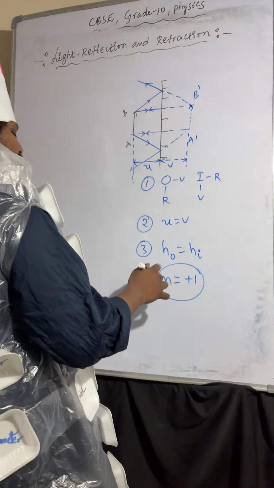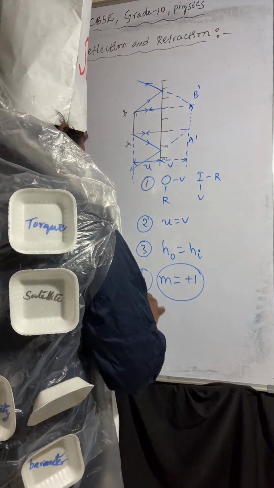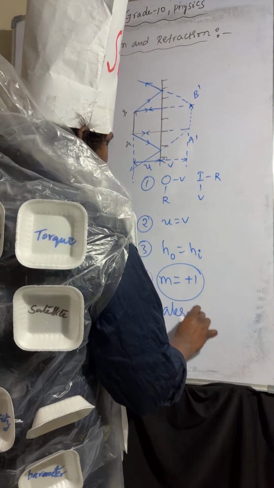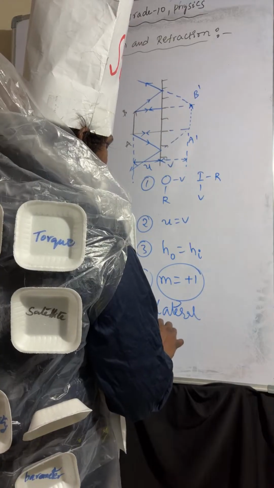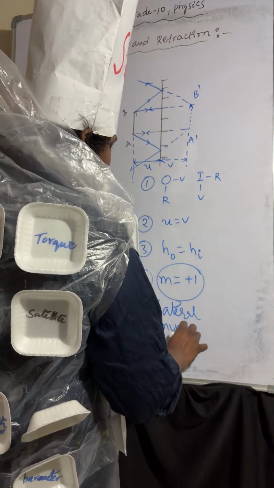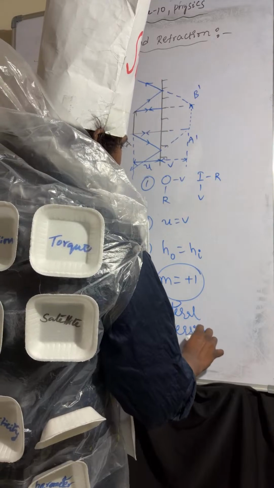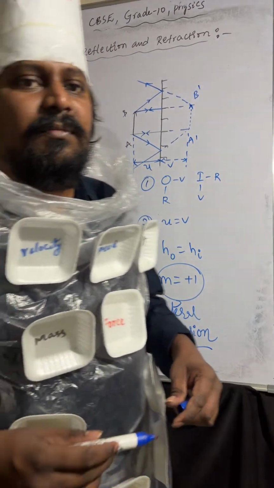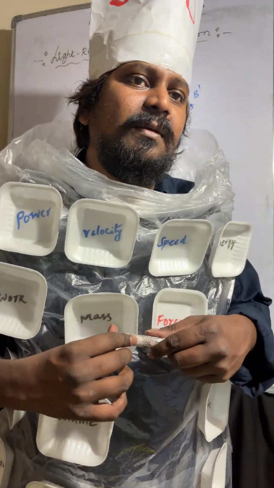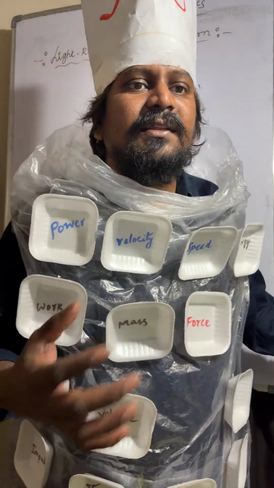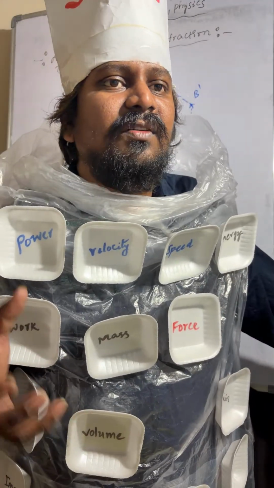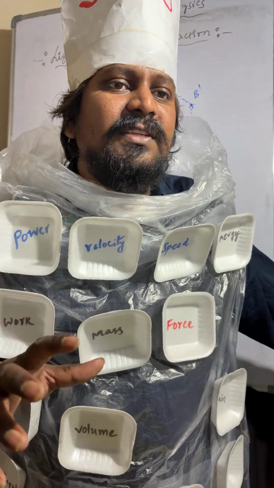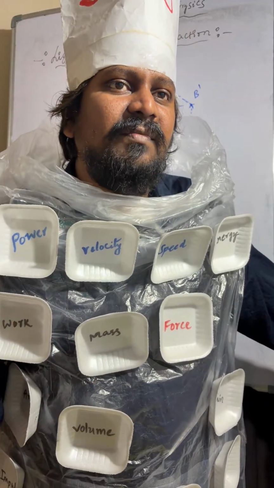Okay, and here you can observe fifth one. It also shows lateral inversion. Lateral inversion is nothing but the phenomenon where the right side of the object appears to be the left side of the image, and the left side of the object appears to be the right side of the image.